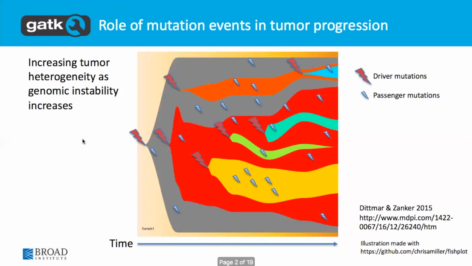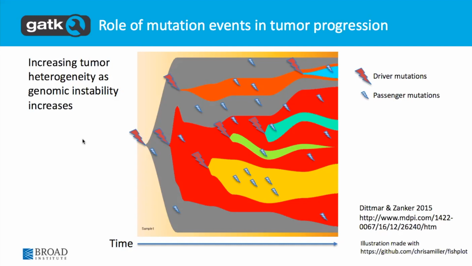All right. So this is a schematic depiction of what happens over time within the context of a tumor. So as we go further towards the right, the tumor is aging and things are happening within it. And the little lightning symbols are mutation events.